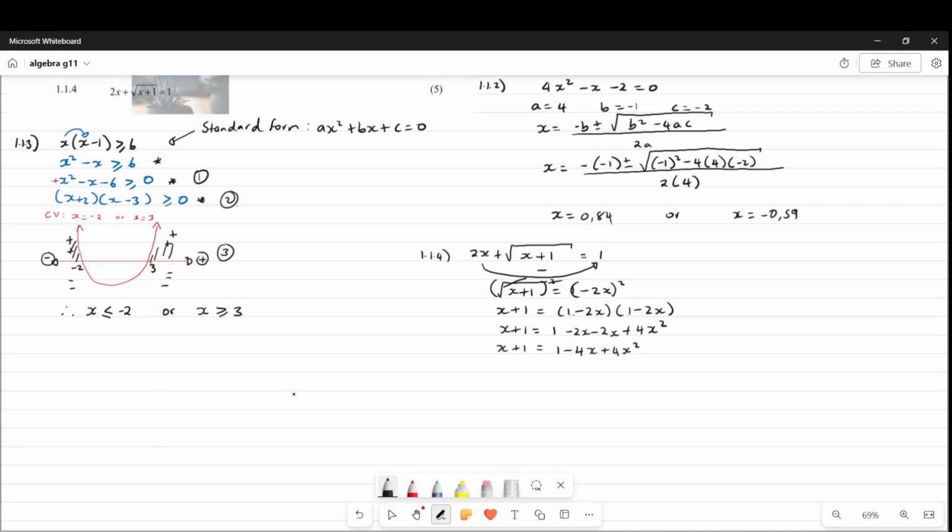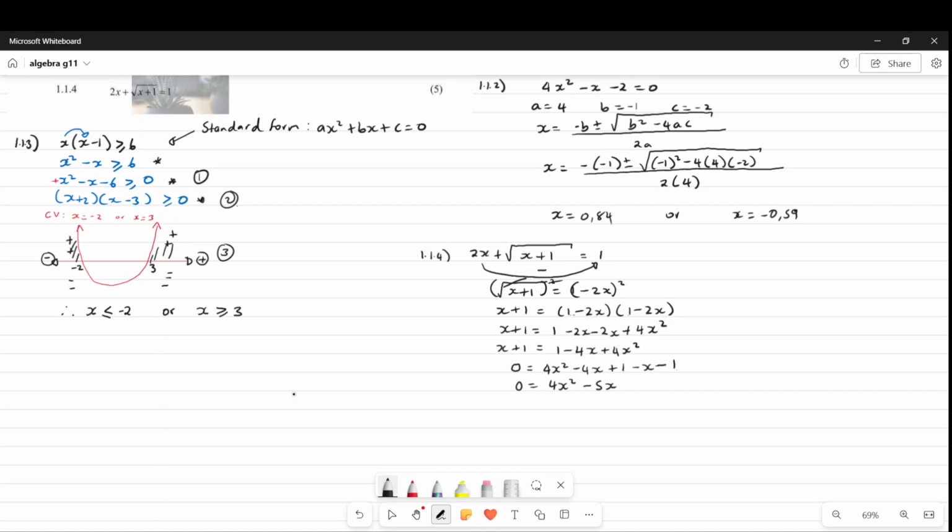Right. So now you can transpose everything to this side and put it in standard form. Now 0 is equal to 4x squared minus 4x plus 1 minus x minus 1. So now 0 is equal to 4x squared, minus 4x minus x gives you minus 5x, and 1 minus 1 is 0.